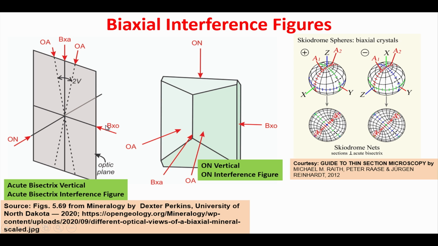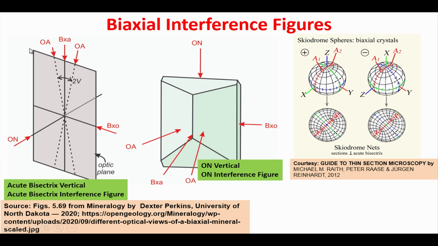Depending on which of Z and X is the acute bisectrix, that will determine the optic sign of a biaxial mineral. And the direction perpendicular to this optic axial plane we call the optic normal. This is the Y vibration direction.